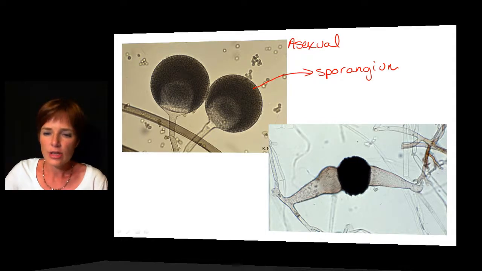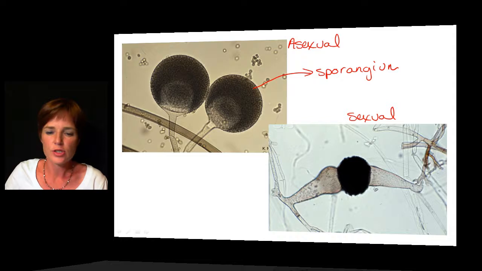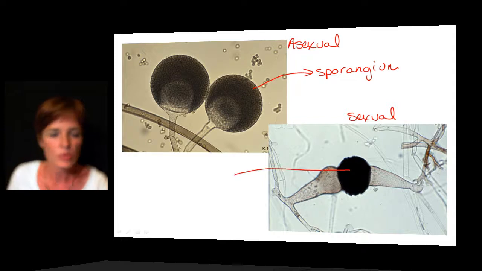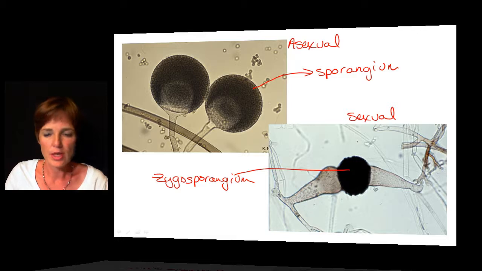Now down here on the bottom, this is going to be sexual reproduction. And with sexual reproduction, they form the zygosporangia. So that's where the name for this group comes from. Okay, so the black structure in the middle, this would be the zygosporangium. And the zygosporangium would form zygospores.